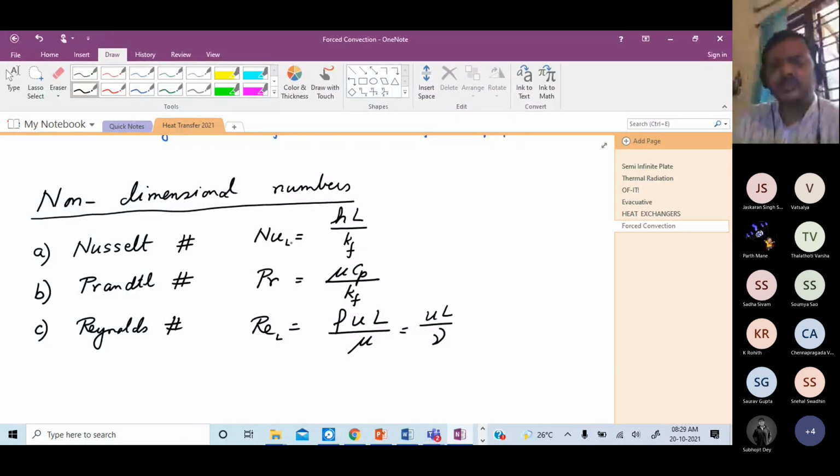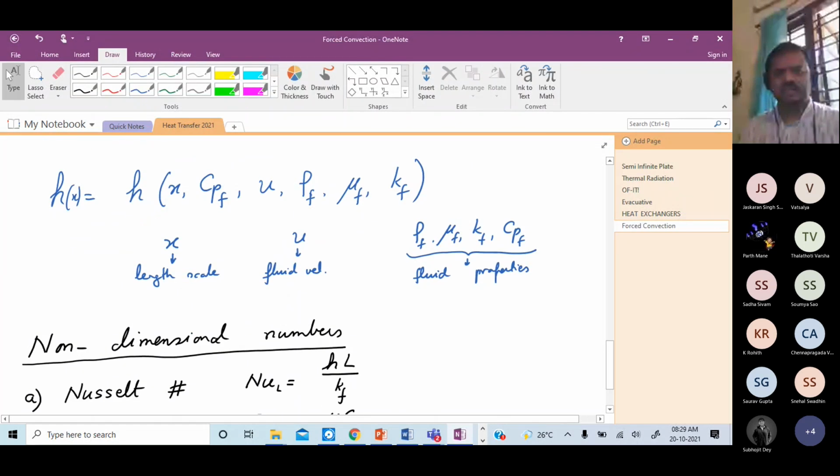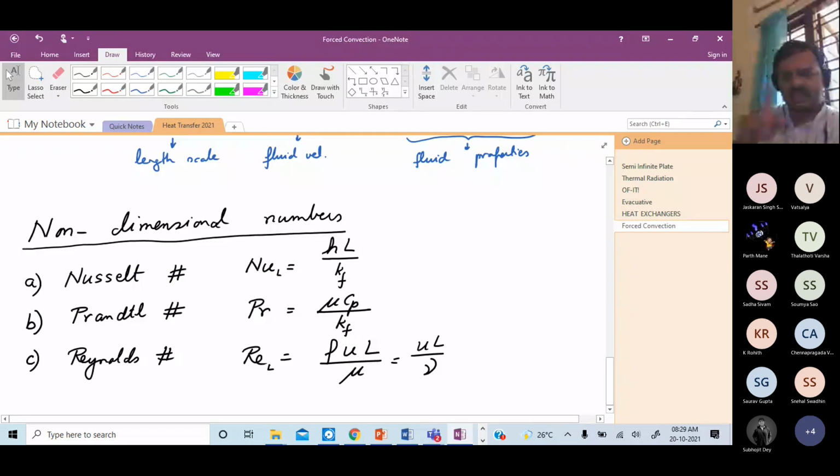What you see is all those 7 independent variables that we wrote, x, Cp, U, rho, mu, Kf, and H, are all encompassed here in these 3 non-dimensional parameters.